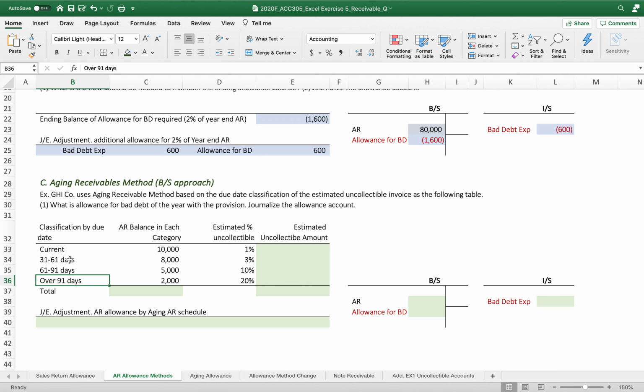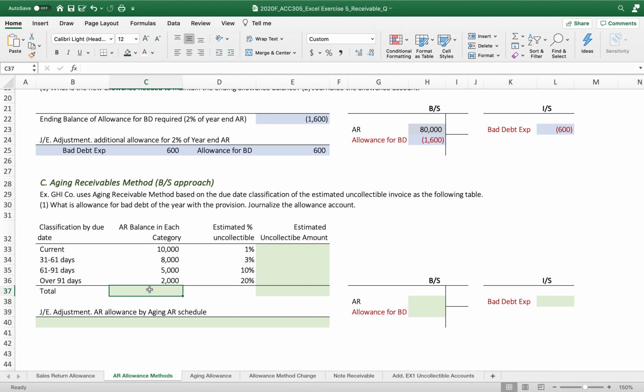If the AR has that kind of aging information, then we have the AR balance in each category, and we also have specific data on the estimated uncollectible percentage based on past collection behavior. So we can calculate the estimated uncollectible amount more specifically.